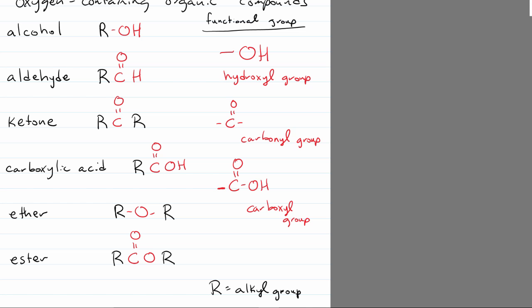This acid has how many carbons in it? 3. So we'd say that this is a 3-carbon carboxylic acid. Of course, if it has 3 carbons in it, what should we expect to see in its name? Prop. This is a 2-carbon alcohol. What should we expect to see in its name? Eth. Now, what alcohol do you think this is? Ethanol. This is ethanol. Exactly, this is ethanol.